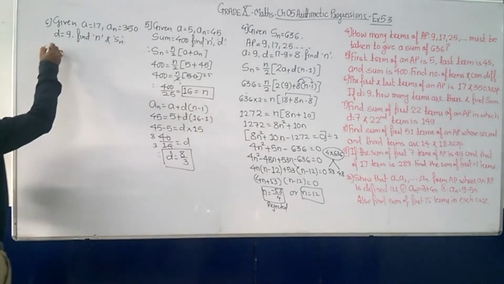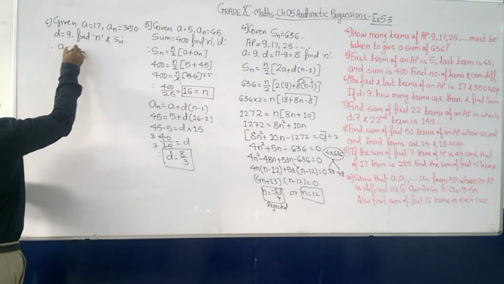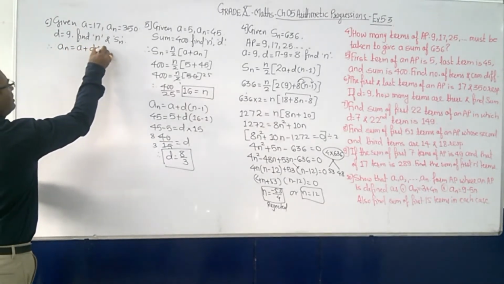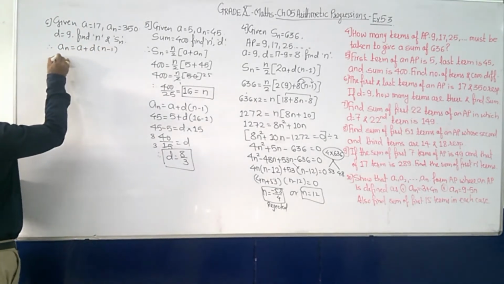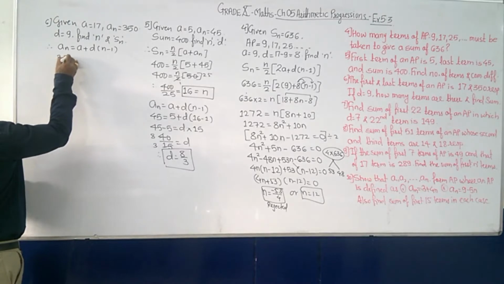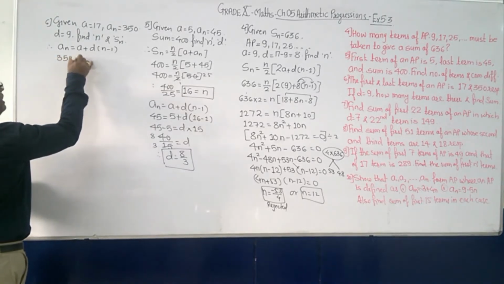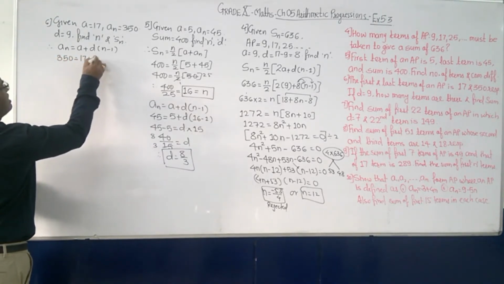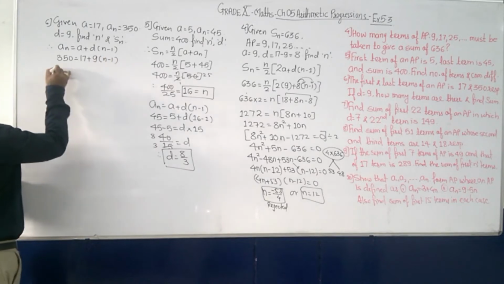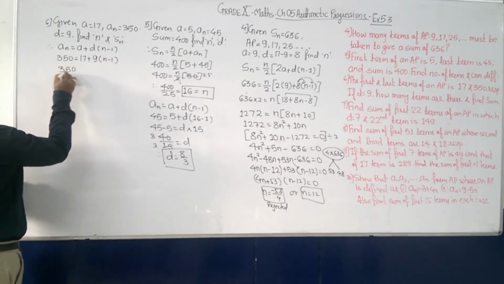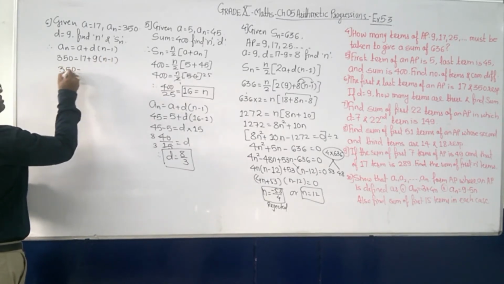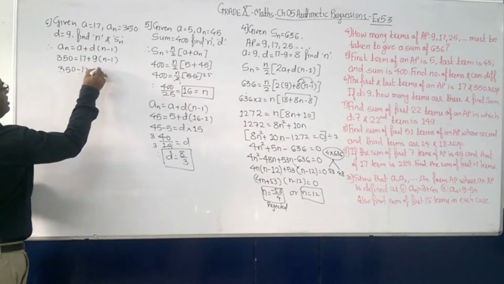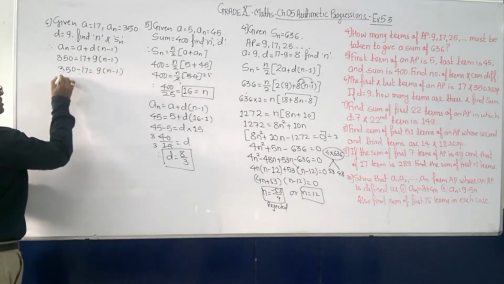Anyhow, we have the last term, so we can use this formula, that is a plus (n minus 1) d. What is an? 350. What is a? 17. d is 9 and n minus 1. So it is 350 equals 17 plus 9 into (n minus 1).